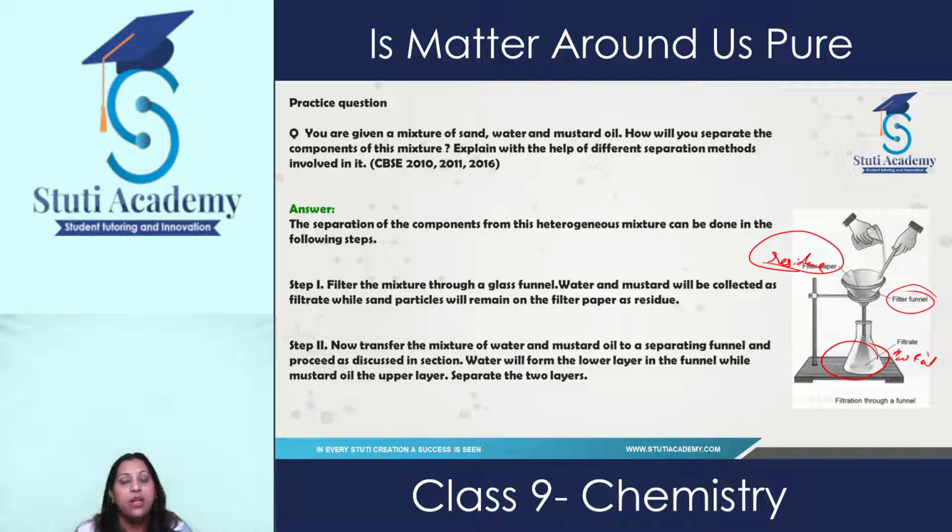In this manner, we separate sand from the filtrate. Now we need to separate water and mustard oil also. For that, we use a separating funnel. I'll discuss this separating funnel in detail. We use it so that it can easily form separate layers of oil and water.